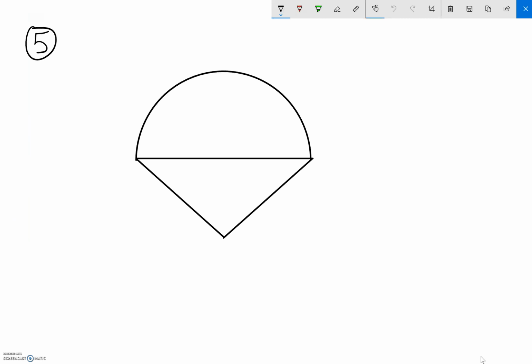All right, here's part B on number 5. Again, we're finding the perimeter of a lawn, and this one's really weird shaped. Perimeter is going to be the total outside edges. So here it looks like we have half of a circumference, half circle, that we need edging for. And then we have 2 lines here.